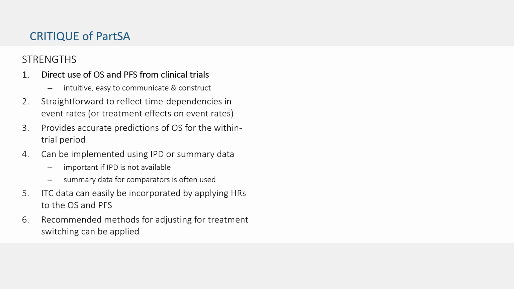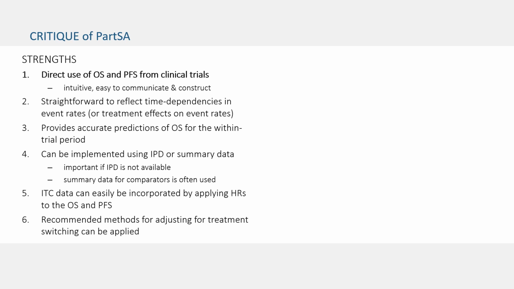It provides accurate predictions for overall survival for the within trial period because you're using the data directly again. You can implement it using individual patient data, but if this isn't available, you can use summary data as well. So this is important if you don't have access to the patient level data, but also if you wanted to include comparators for which you don't have data, you can obtain summary data for that and still use a partition survival analysis model.